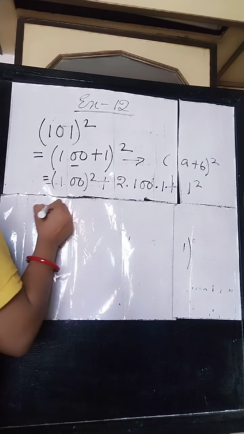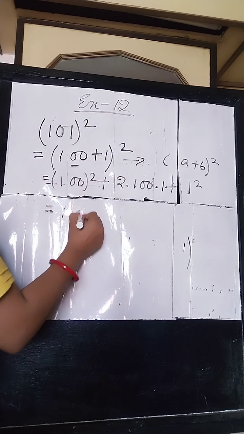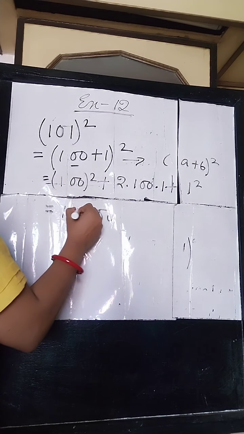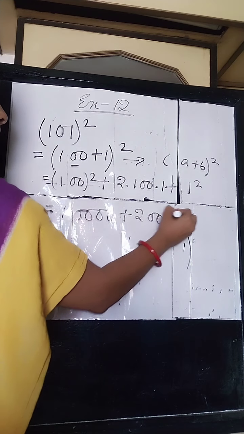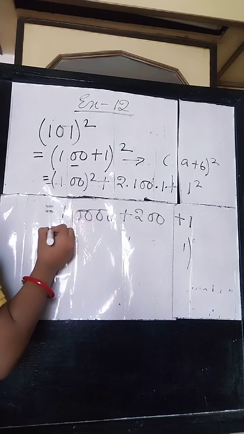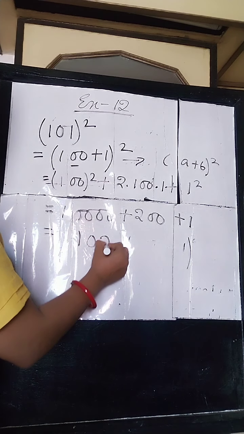So ultimately you are getting 10,000 plus 200 plus 1. So 10201. This is the answer.